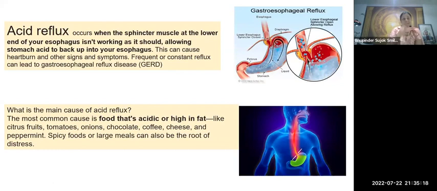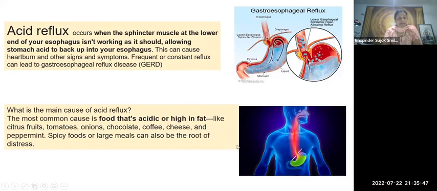So acid reflux, because when we are doing treatment for acid reflux, we should know that this occurs when the sphincter muscle at the lower end of your esophagus is not working. That is why when we are treating the stomach, it is not enough. We have to work on the esophagus also in acid reflux. You see, part of this esophagus here, you have to work in this area also.